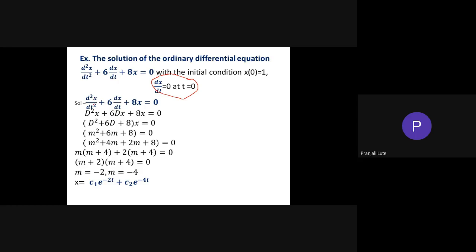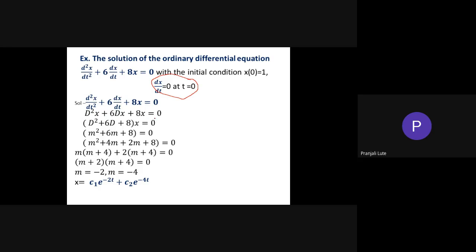Here we have d square x upon dt square plus 6 dx upon dt plus 8x. Again we have to write this equation in terms of capital D. So your equation is D square x plus 6 Dx plus 8x equal to 0.